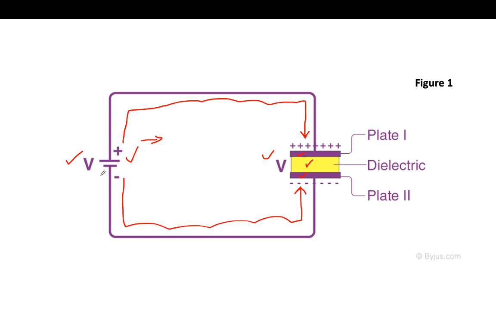So whenever a voltage is applied on these two plates, the plate connected with the negative terminal of the battery becomes negatively charged, and the plate connected with the positive side becomes positively charged, but current cannot flow between them because of the dielectric material.